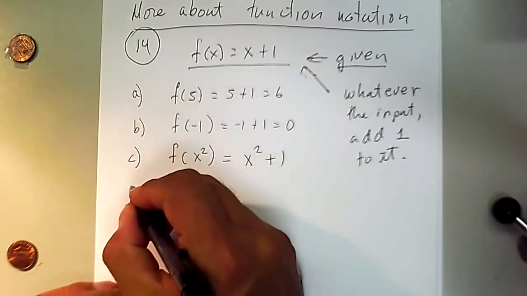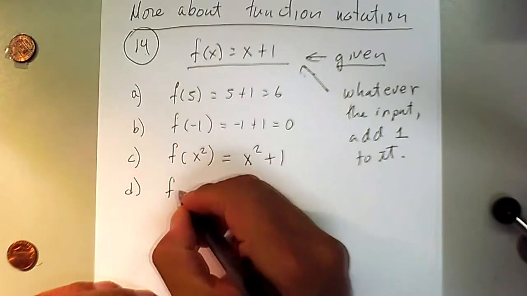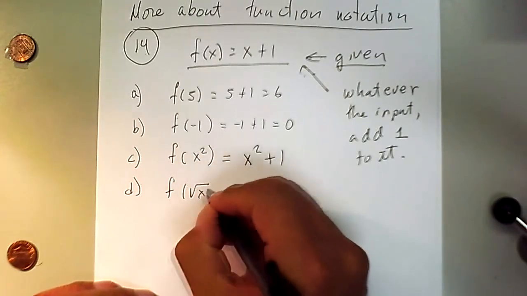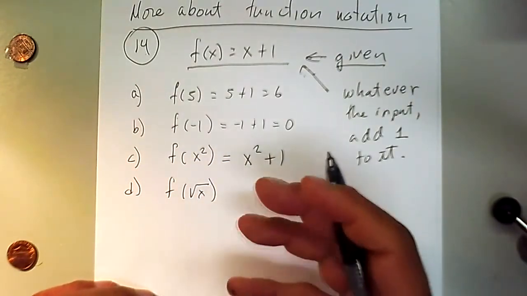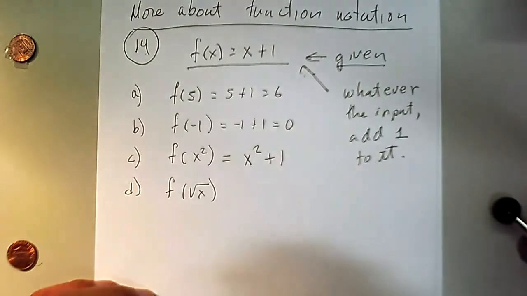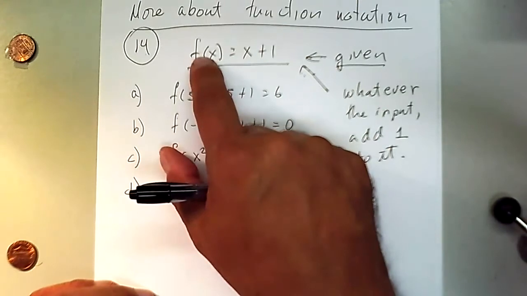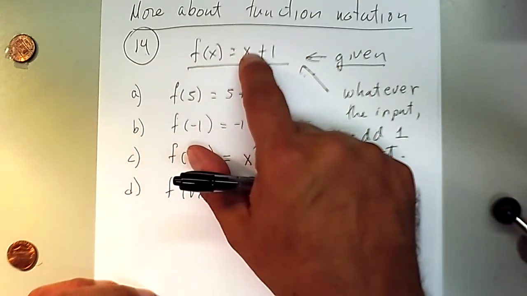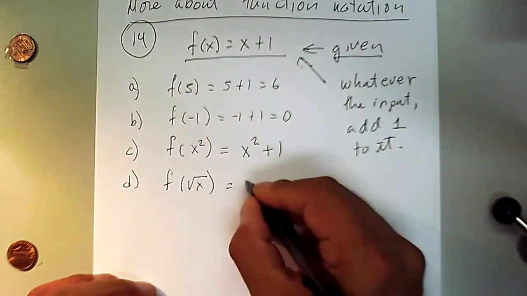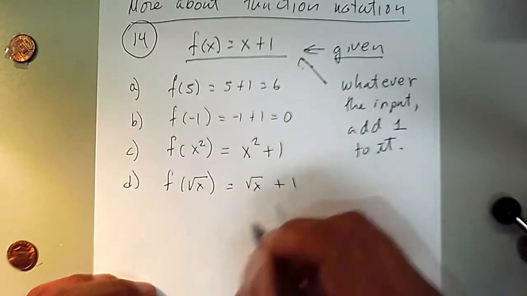Okay. D, what if we want to plug in the square root of x? See, that's the thing. We have to get into our mind that whatever the input is for this particular function, add 1 to it. So square root of x, add 1 to it.